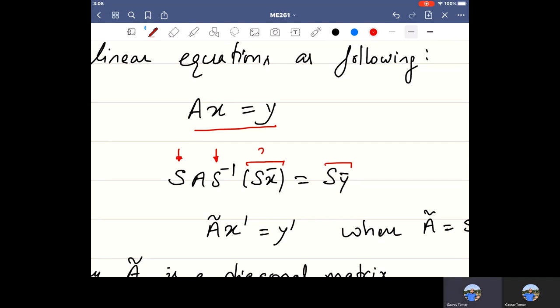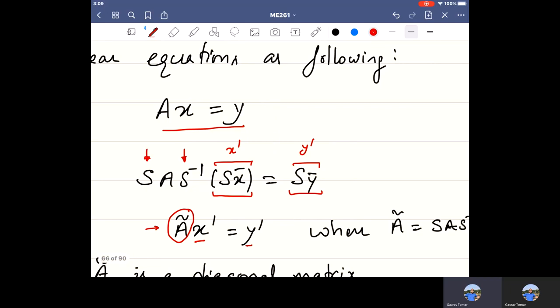From Sx we'll get x prime, and from Sy we'll get y prime. That's why we're calling it a similarity transformation. We are using the same space for the solution space as well as for the right hand side of the equation. So now we'll get a similar matrix A tilde, and A tilde times x prime is going to be equal to y prime.